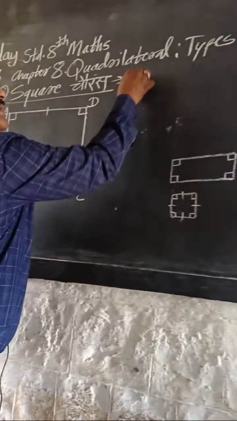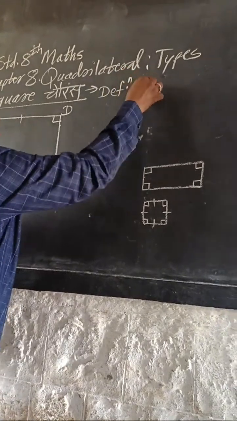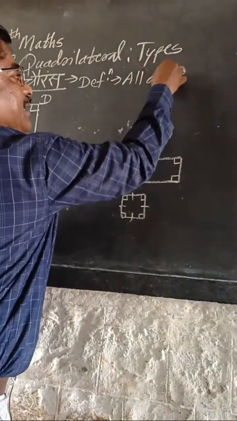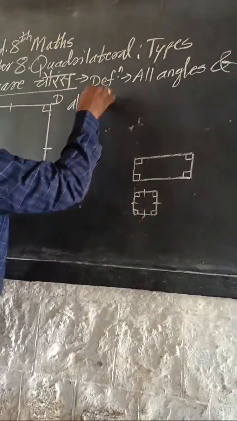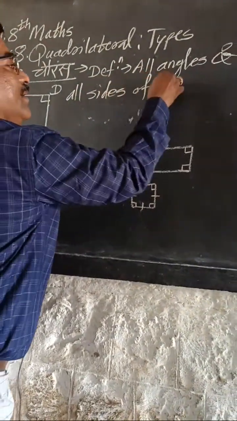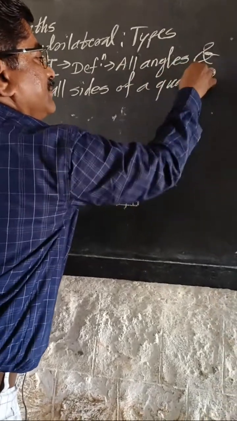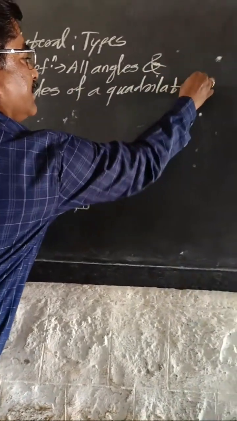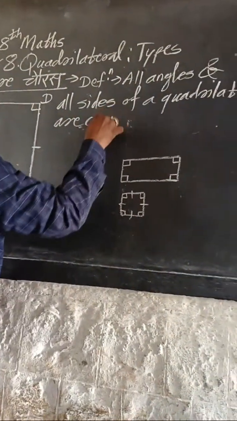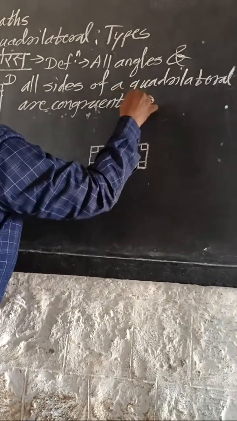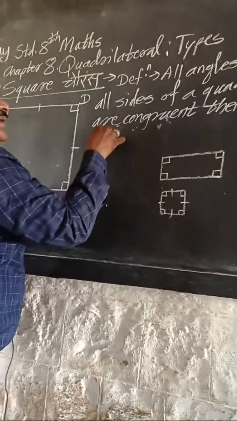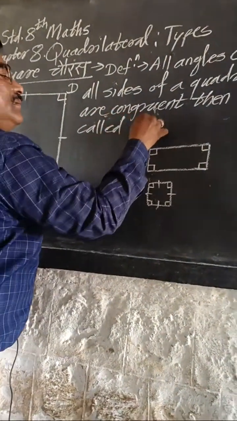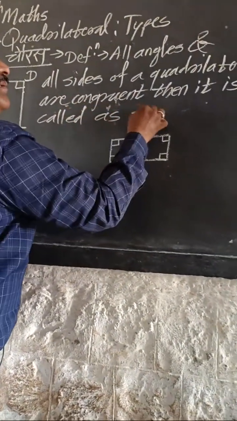What is the definition? All angles and all sides of a quadrilateral are congruent, then it is called a square.